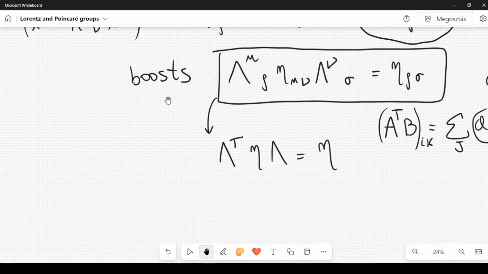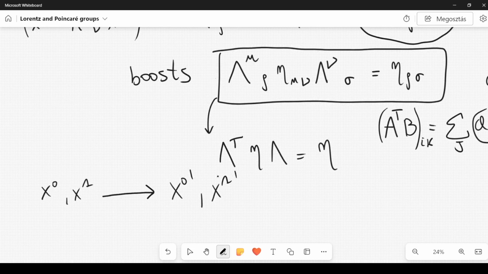So for example, if we consider the two coordinates x0 and x1, we can boost them along the x direction, which means that we are using a Lorentz transformation to move from a reference frame to another, which is characterized by the components x0 prime and x1 prime, but this frame is moving with relative velocity v along the x-axis with respect to this frame here.